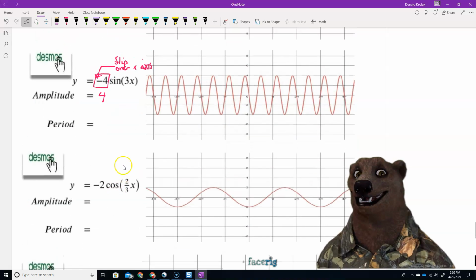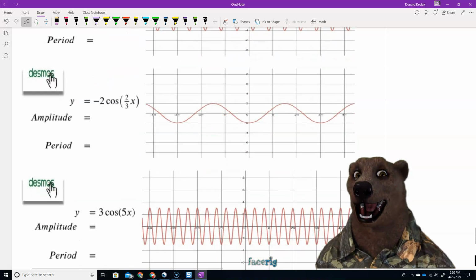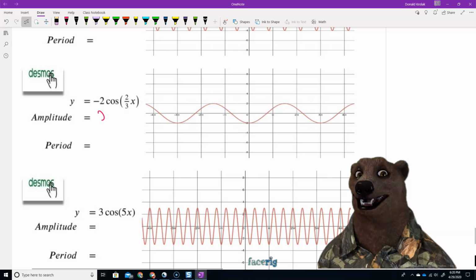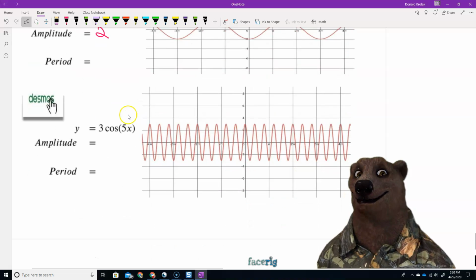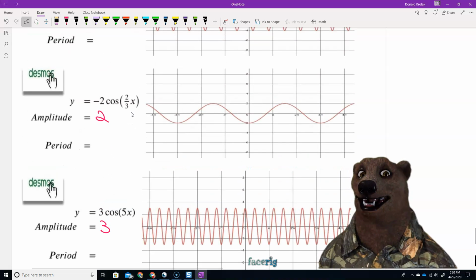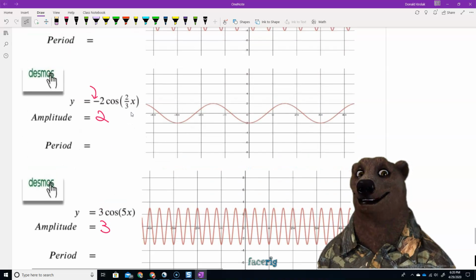Okay, amplitude is still a positive number. So right here, amplitude is still positive 2. Amplitude here, 3. All that negative does is it flips it over the x-axis.